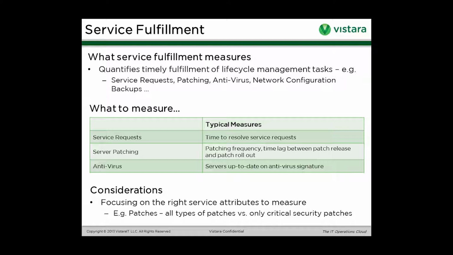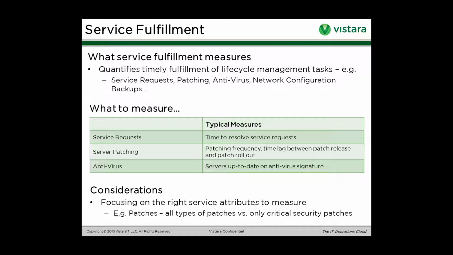If you're doing patching for your lines of business, you would look at, am I patching servers when critical patches are released? So it's a general notion of, are you delivering services in a timely manner?